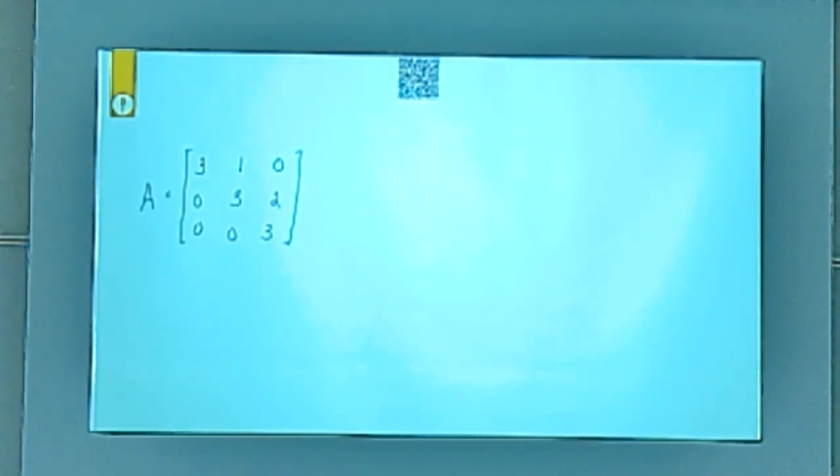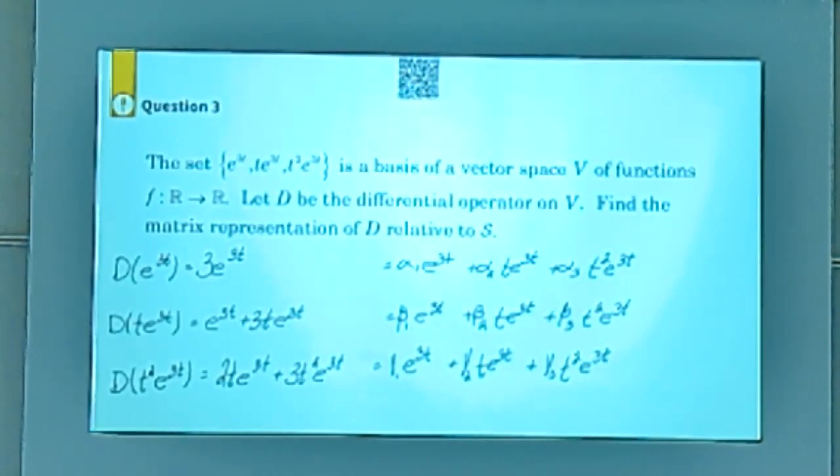Yeah. Second column, it should be a 2. Why? Because wasn't it gamma t e to 3t? Column 2 is the betas though. Oh, okay. Remember, each column is a coordinate vector. Right, so column 1 is the coordinate vector for your first, which is all your alphas. Column 2 would be all your betas, and column 3 would be all your gammas.